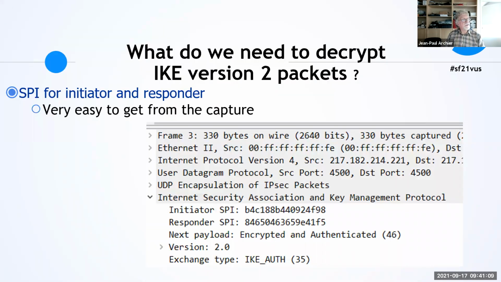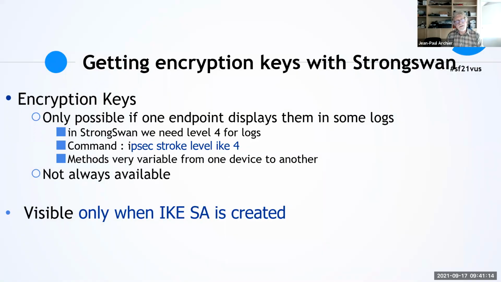That's the easy part. The less easy part is to get the encryption keys that are used by this first step, and it's not very common to have these keys available. For these examples, I've used on one site a StrongSwan package on a Linux system, and the other system was a commercial firewall.